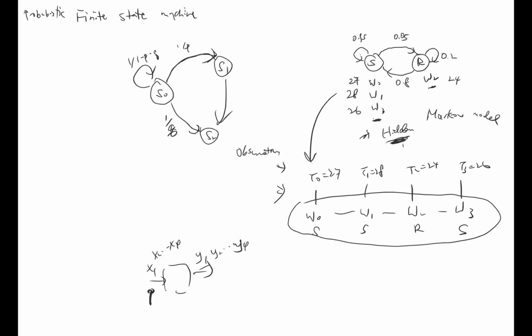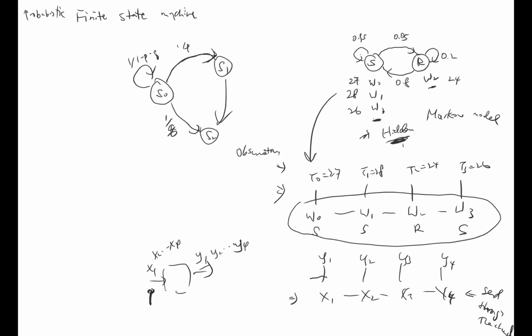X1, X2, X3, X4 is what you send through the channel. At the decoder side, you don't know that, you cannot see that, but what you see is Y1, Y2, Y3, Y4.